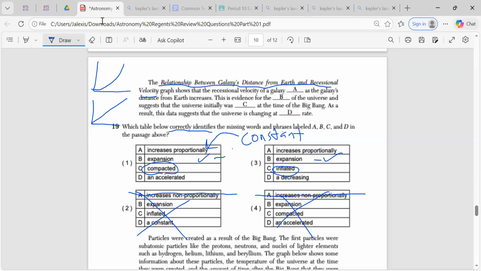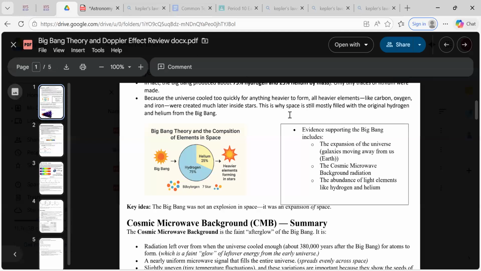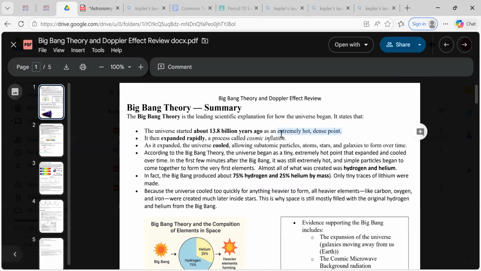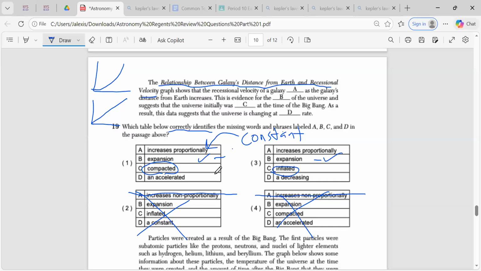So initially the universe was, as we said right here, an extremely hot, dense point. So in this case, not inflated, but compacted at the time of the Big Bang.